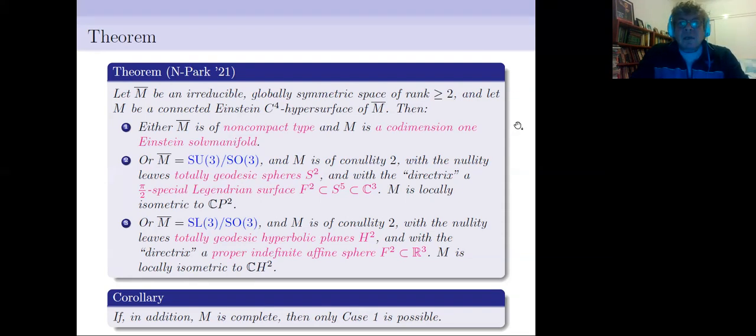And it turns out that this is not just a theoretical possibility. Indeed, in case number 3, we may have surfaces of finite smoothness. We may have Einstein hypersurfaces in SL3 by SO3 which are not analytic. In the first 2 cases, they are always analytic. The first one is just a subgroup.